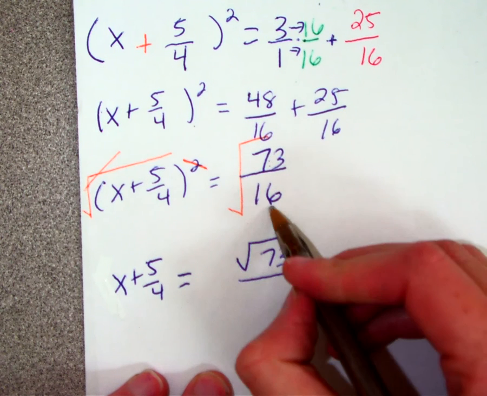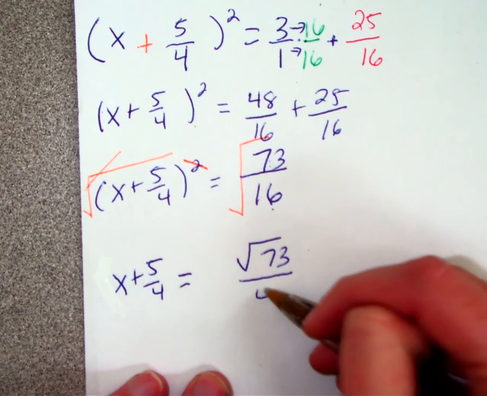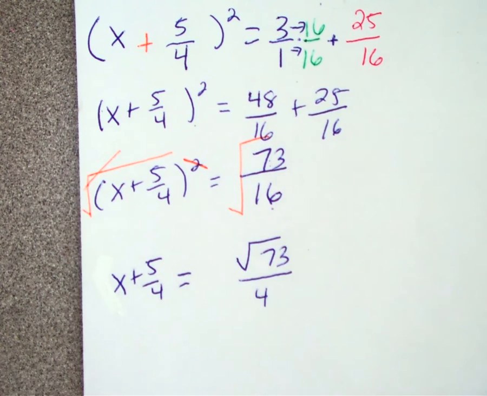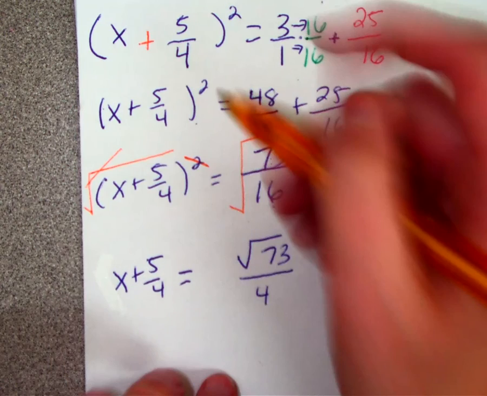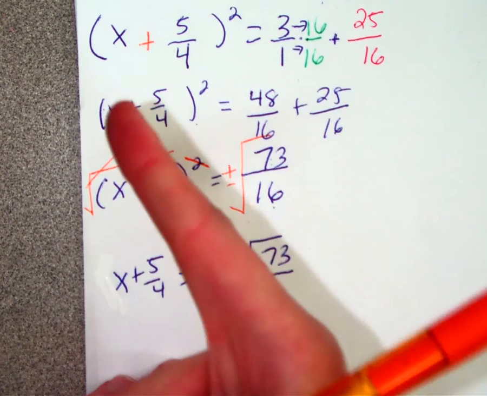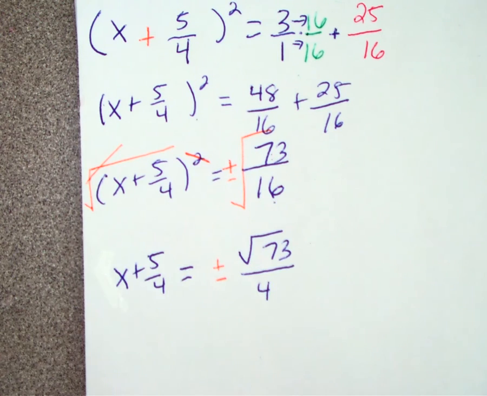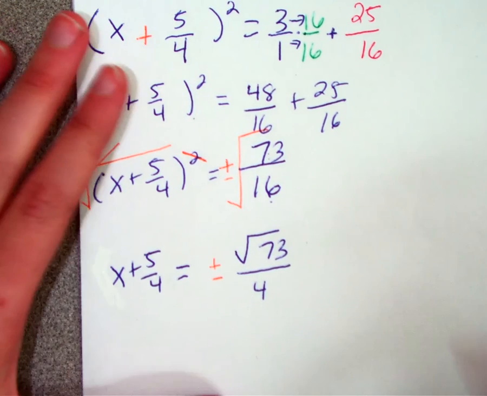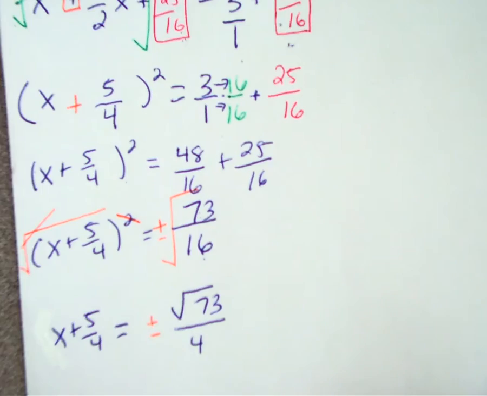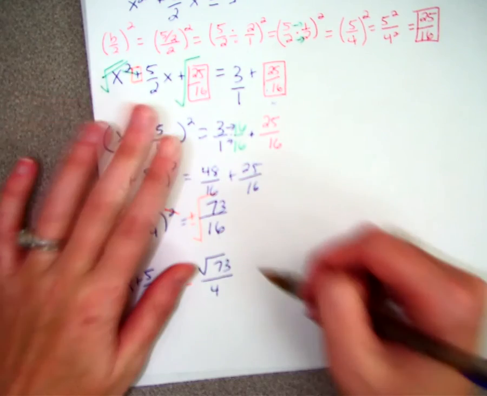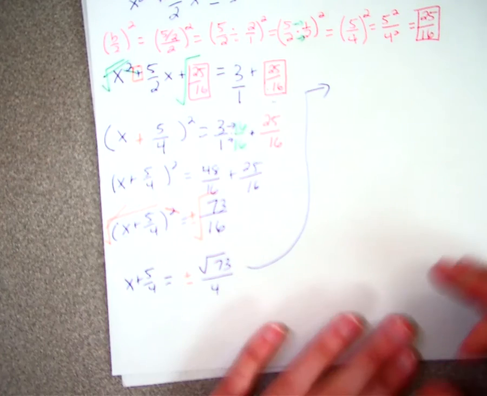Over, what's the square root of 16? It is a 4. Okay, and don't forget, you guys, when you square root both sides of the equation, a plus or minus should appear. So I also will need a plus or minus symbol. Okay, you guys, we're really close to being done. We're so close, okay? And I'm going to bring this over here because I'm starting to run out of space. All right, so I'm going to bring this up here so you guys can see what I'm doing a little bit better.